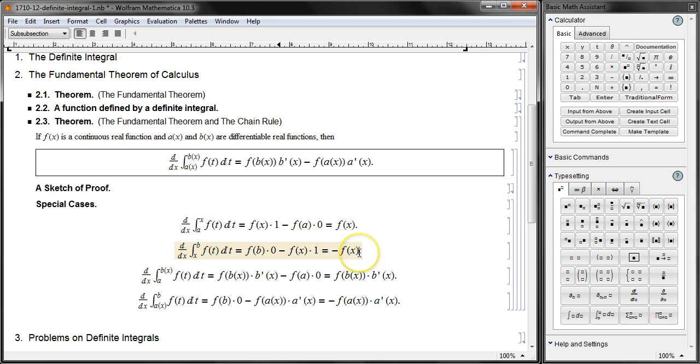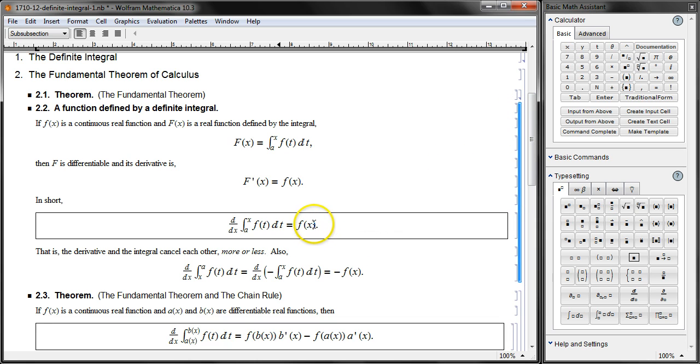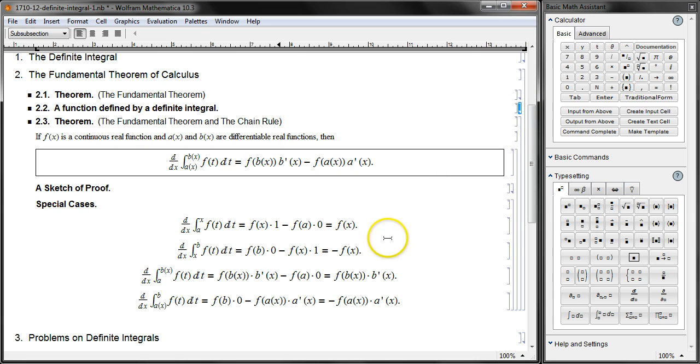The next one, plug in the top, but the derivative is 0. So that part drops out, and then we have the next part. So we have minus f of x. So these two versions, this one and that one, are, as a matter of fact, just applications of this one.